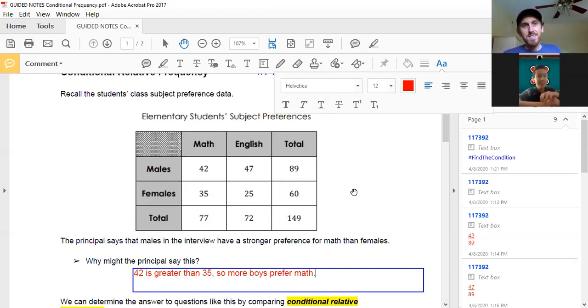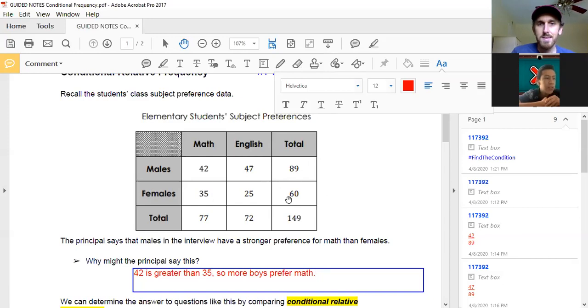So this is the thing about conditional frequency. You can't say that more boys prefer English, but also more boys prefer math over girls. That's not a possibility. You can't have it both ways. And the reason both are kind of true is over here in the total column. So what do you notice about the totals here?